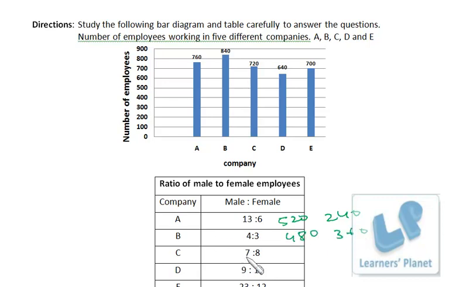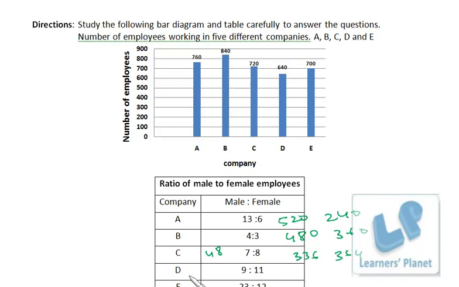Okay, similarly 7 and 8, 15. Then 7 by 15 of 720. 720 by 15 is 48. 48 into 7, 336, 384.